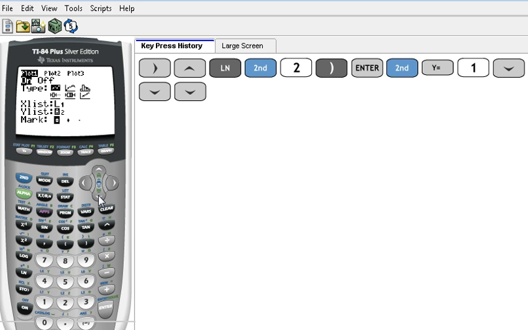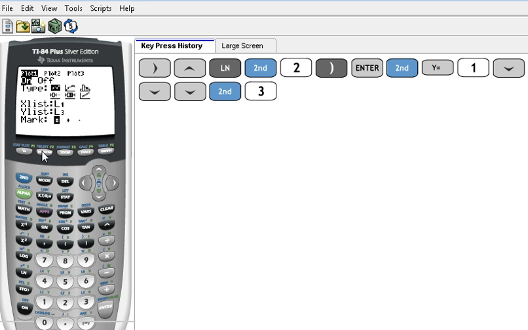And so beside y list, I am going to enter L sub 3 by pressing second 3. Now the data is coming from L1 and L3.